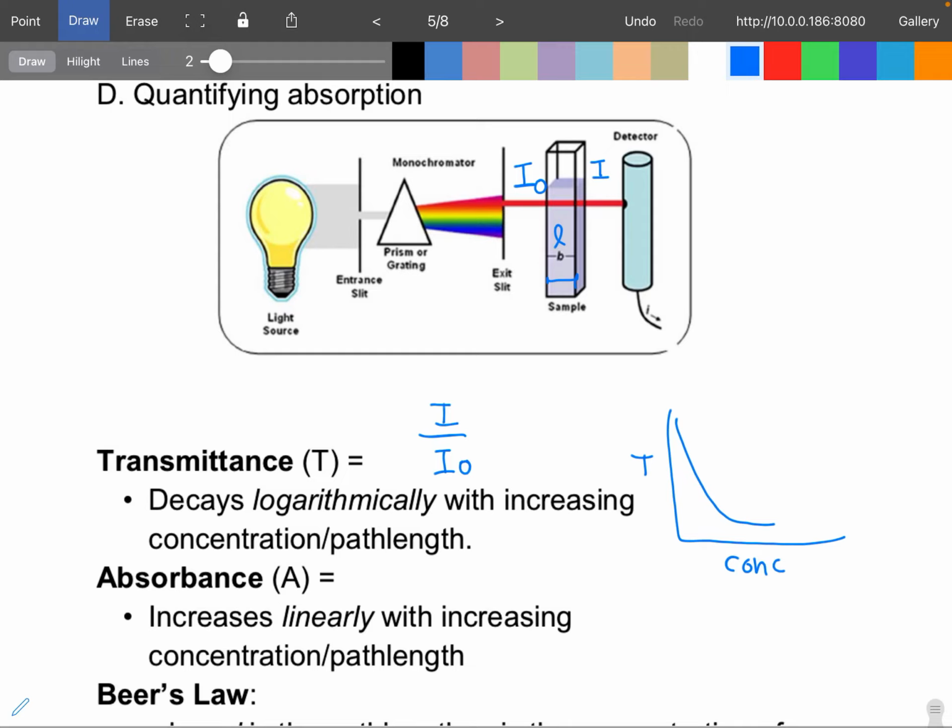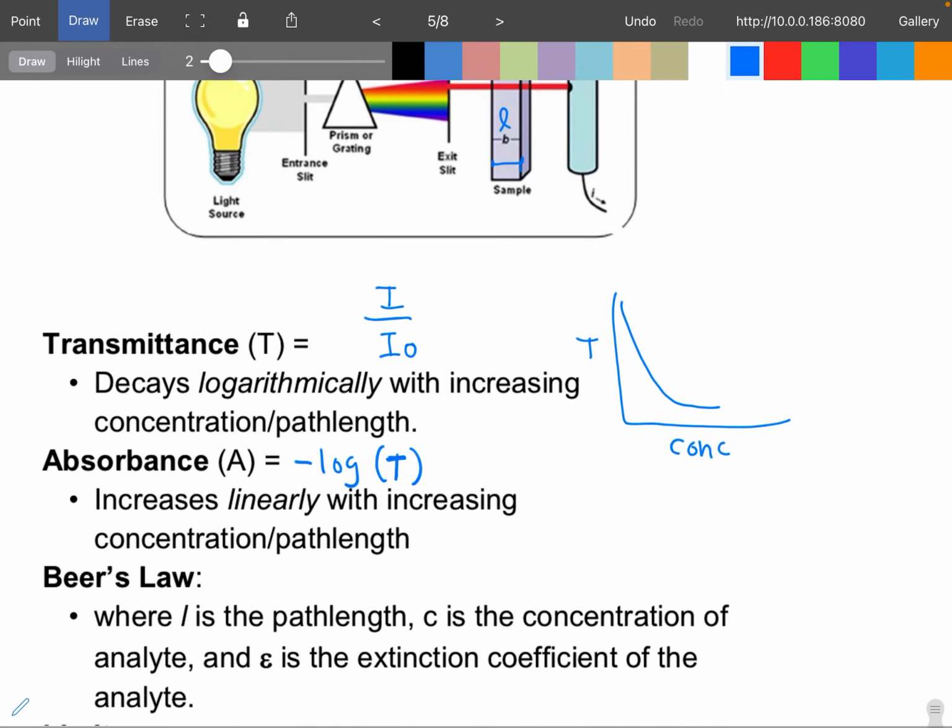Absorbance is the negative log of the transmittance from above, and this now increases linearly with increasing concentration. If we look at absorbance, capital A, sometimes I'll write ABS, as a function of concentration, this will be a straight line, and that is way better. You can plot things like that in Excel and get equations in Excel. Dealing with curves is a little more complicated and doesn't work quite as well.